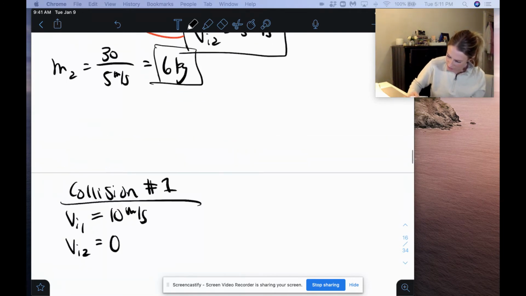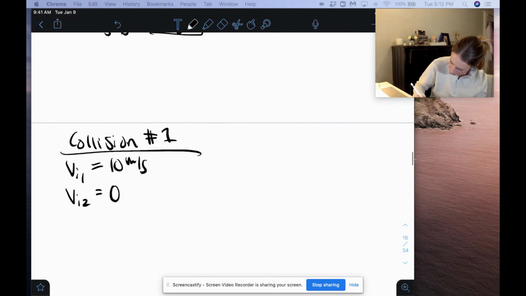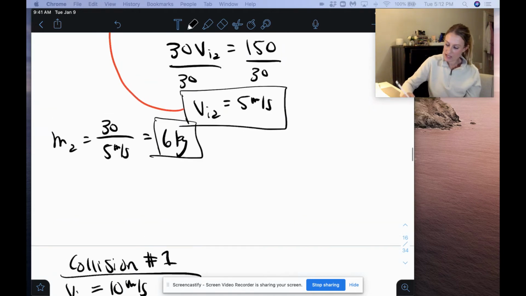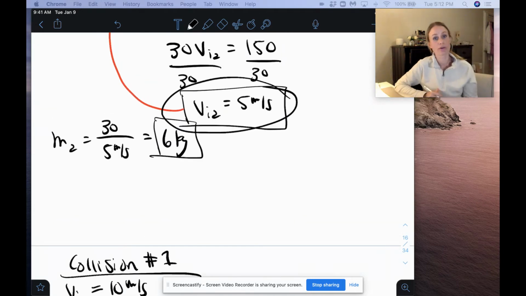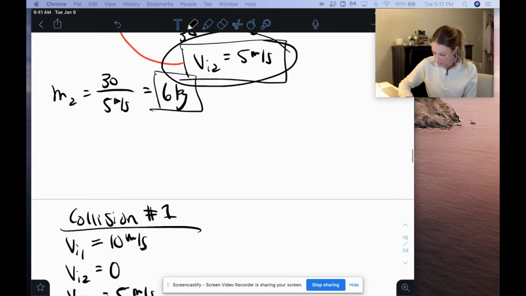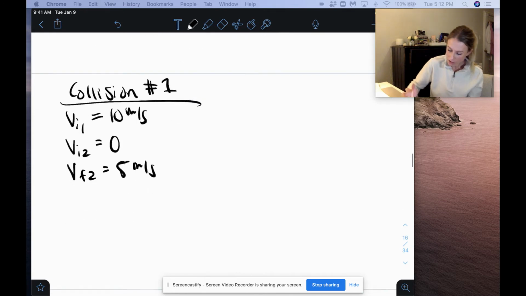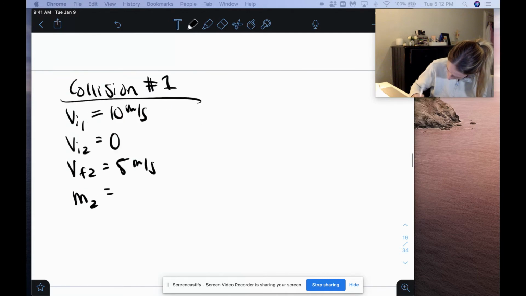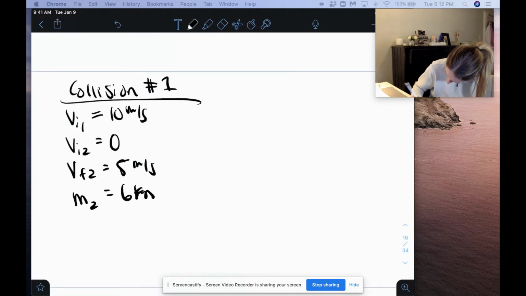And then I just learned that the final velocity of block 2 is 5 meters per second. Because remember, the initial velocity for block 2 for collision number 2 is the final velocity for block 2 for collision number 1. So that's our final velocity of block 2. And then I also know the mass of block 2, and that was 6 kilograms. Whoa, what was that?